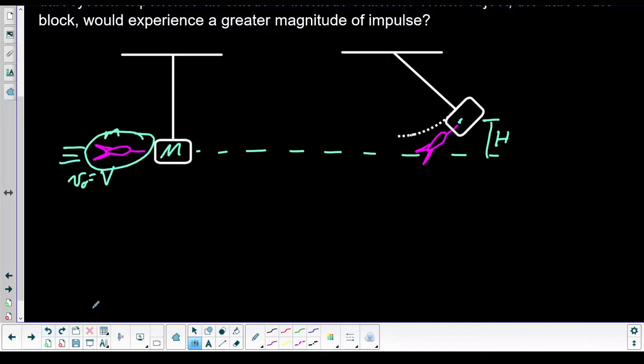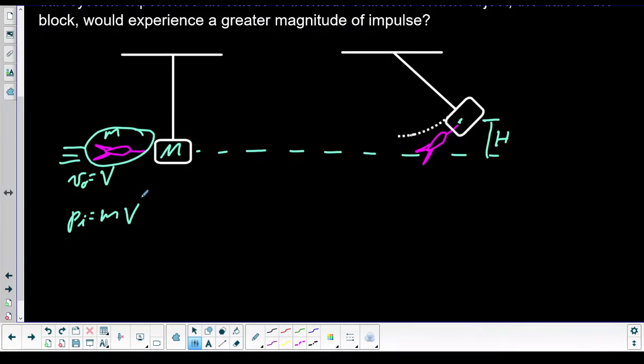There we go. Okay. So initially, our initial momentum is going to be whatever the mass of the dart, m, times the initial velocity of the dart, v. Okay.